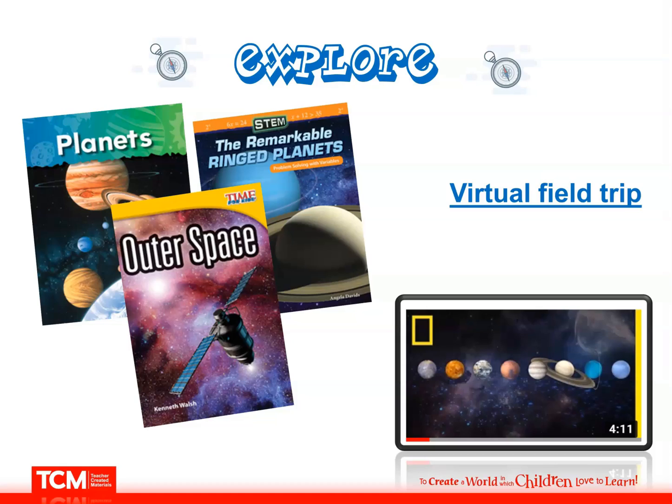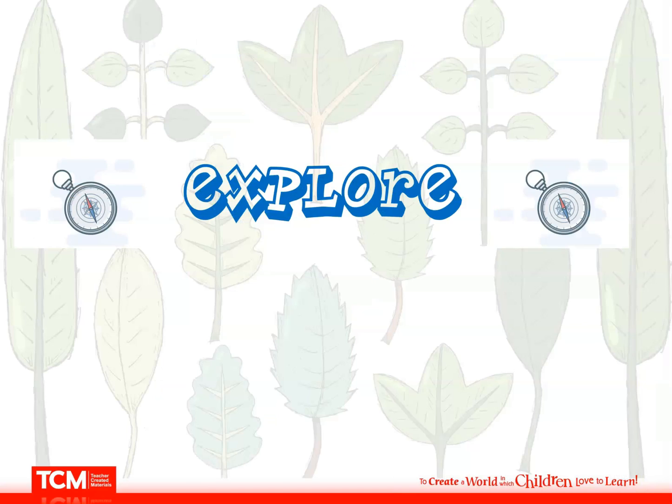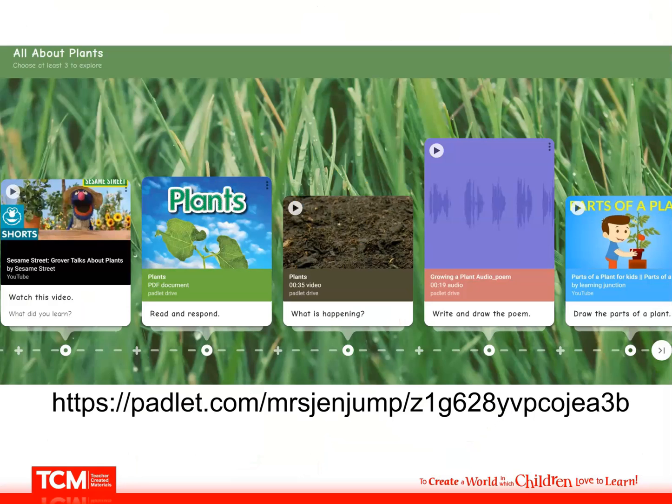Another really quick example is in regards to plants. I like to share different ways to look at this so you see how this can really look in the classroom. In this particular example, it's on a Padlet. You can see here, students have access to a wide range of things all about plants.